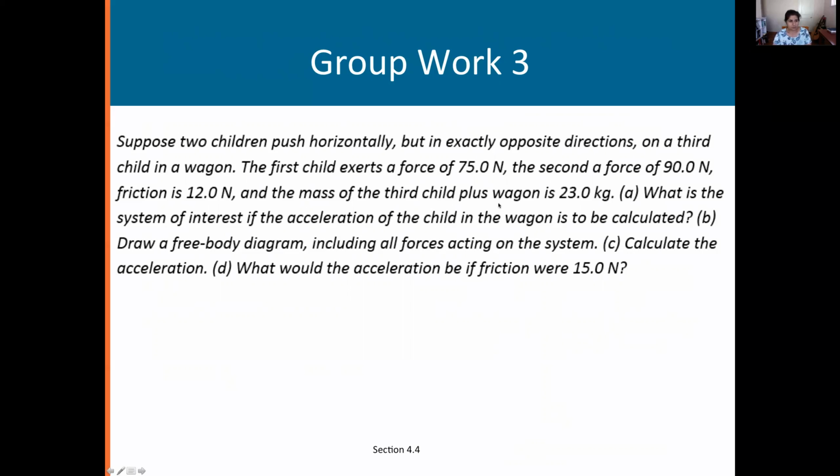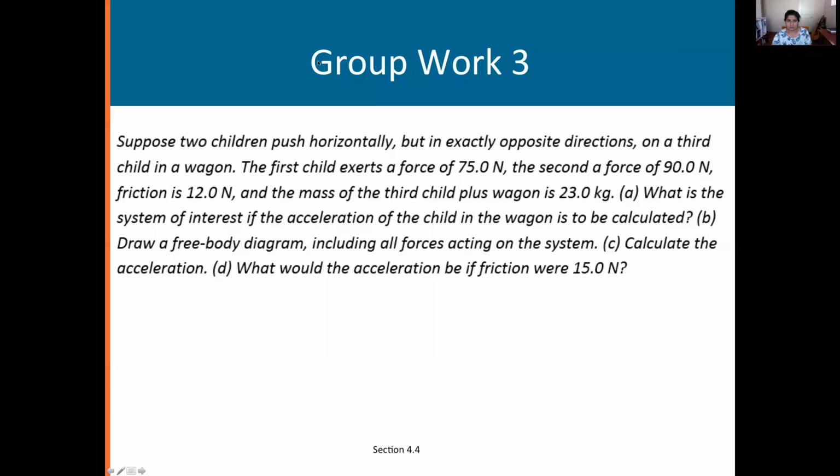So the first part: what is the system of interest if the acceleration of the child and wagon is to be calculated? Clearly, the child and the wagon is our system of interest. So we would need to take their center of mass as the central dot, find all the forces on it and draw them.